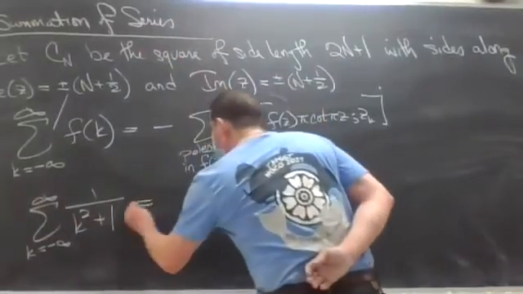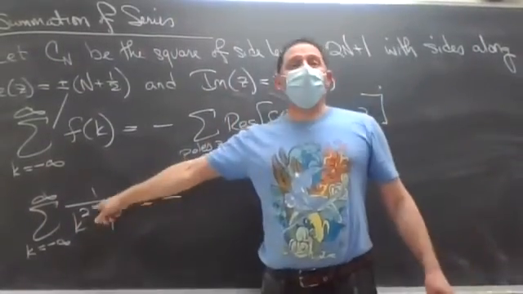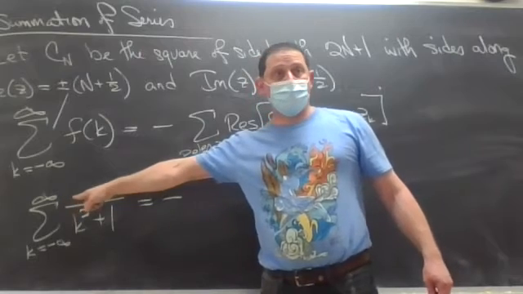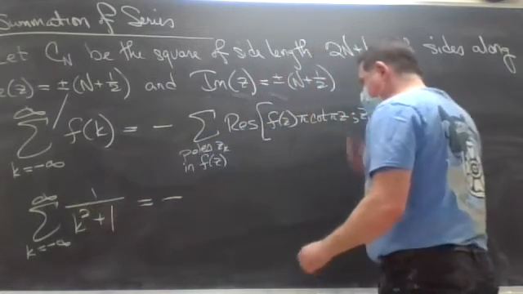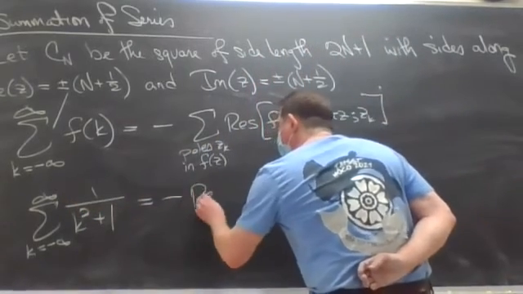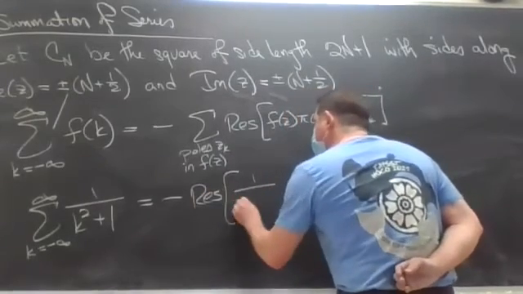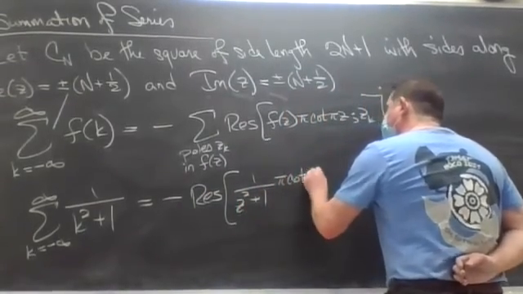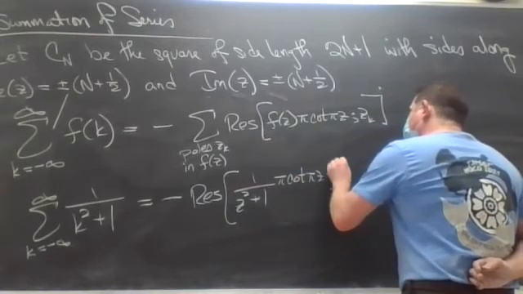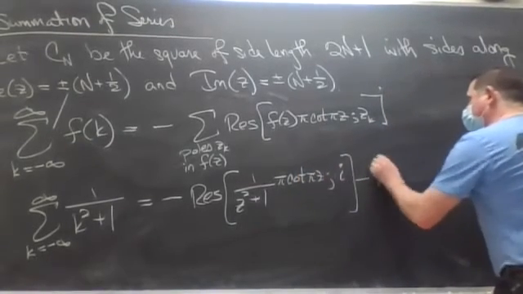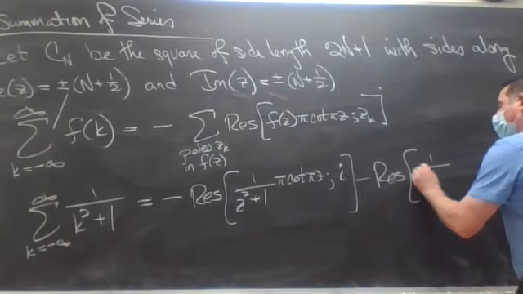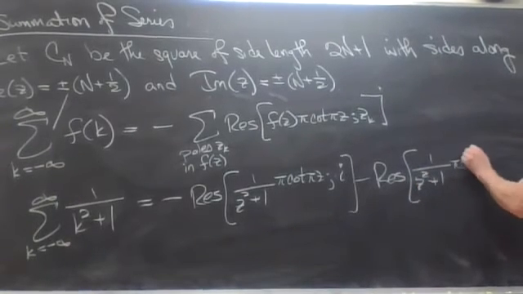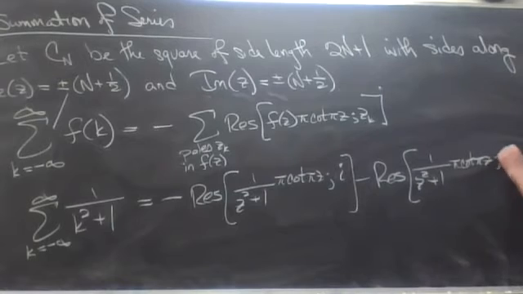So this is going to be minus. Neither of those poles are integers, so I don't need a prime or anything. We all good. So I'll say minus the residue of 1 over z squared plus 1 pi cotangent pi z at i minus the residue of 1 over z squared plus 1 pi cotangent pi z at negative i.